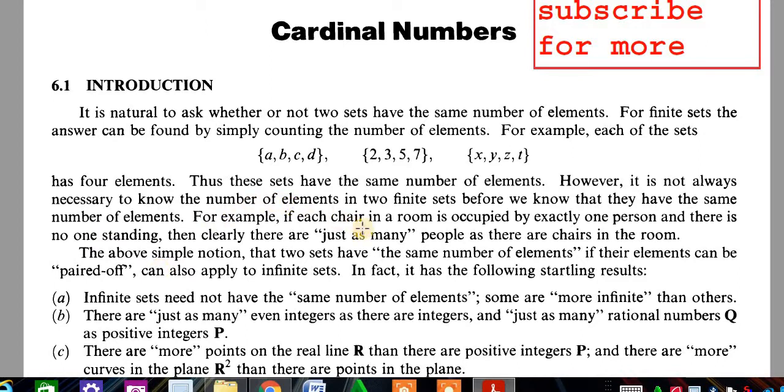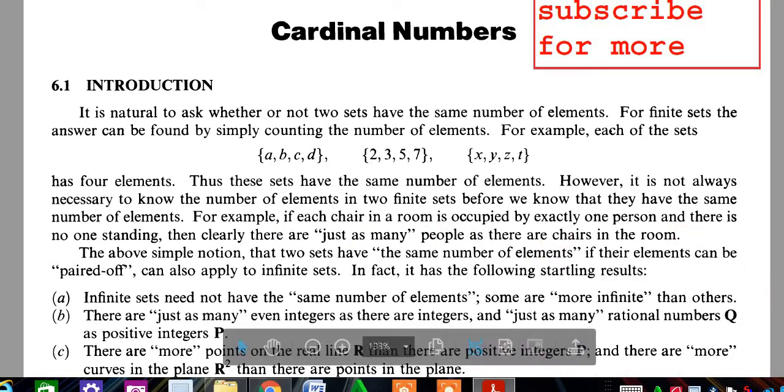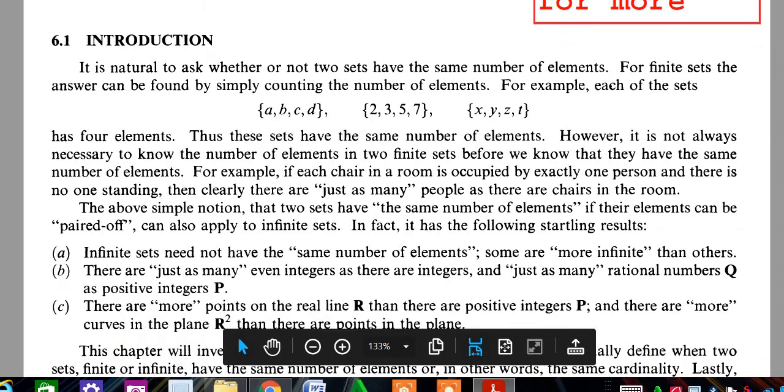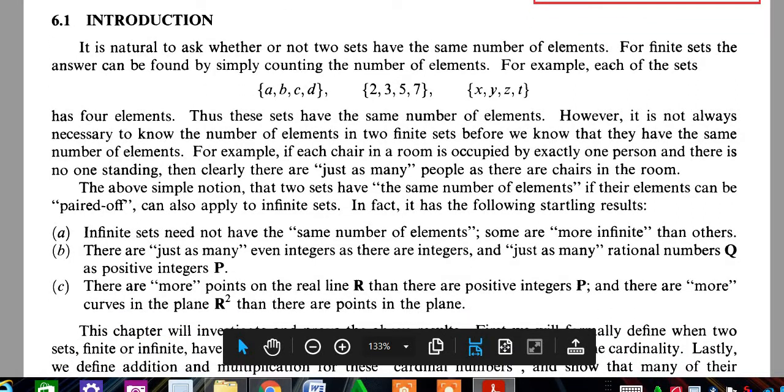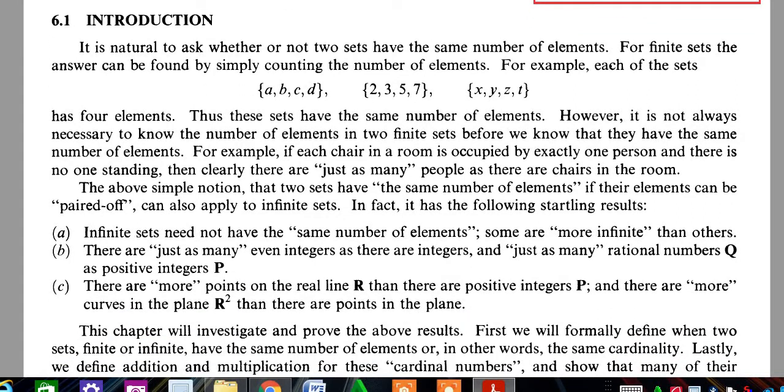For example, if each chair in a room is occupied by exactly one person and there is no one standing, then clearly there are just as many people as there are chairs in the room. So here cardinality is not defined. In other words, we cannot count the number of chairs or the number of people.